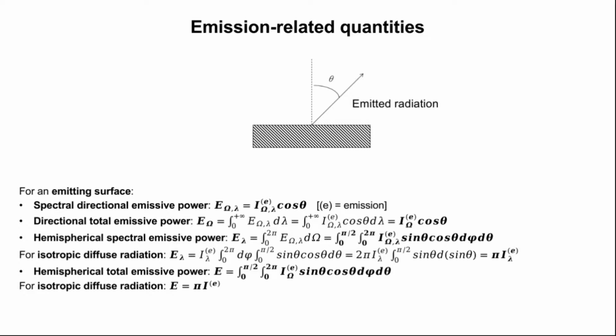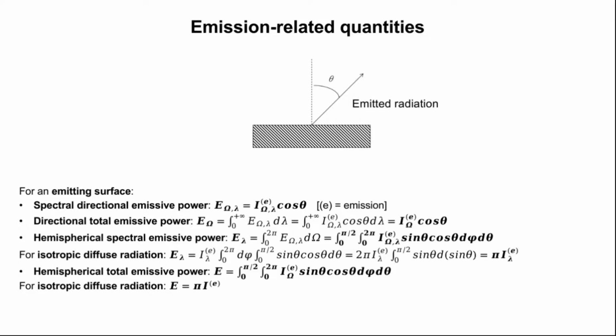On the other hand, if we integrate the spectral directional emissive power over the whole hemisphere irradiated, we obtain the hemispherical spectral emissive power for a specific wavelength, or wavelength range, in case of isotropic diffuse radiation, which means that the intensity of radiation is independent of direction. The expression of the hemispherical spectral emissive power can be simplified to pi times the intensity of radiation for a single wavelength.